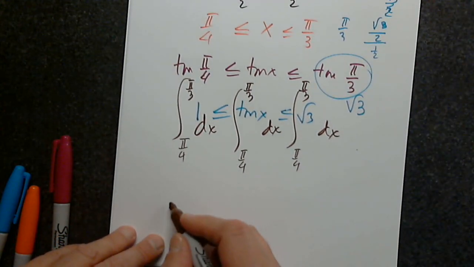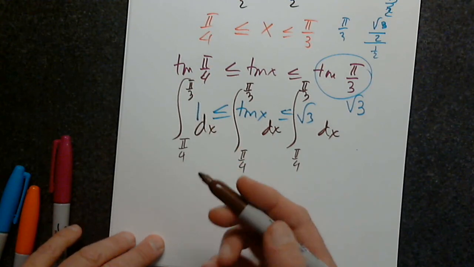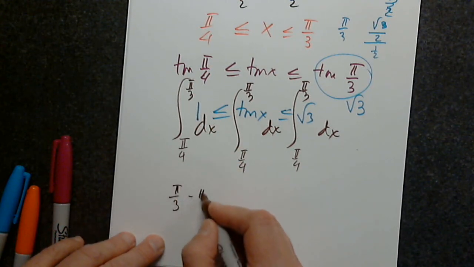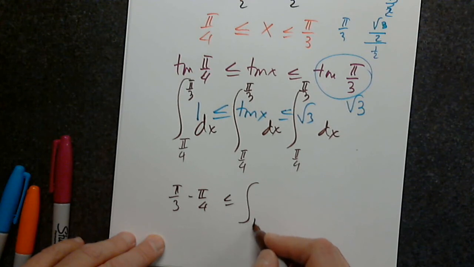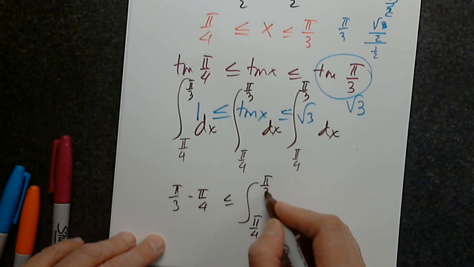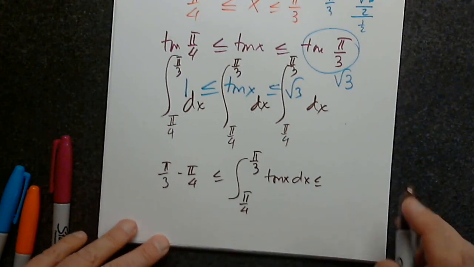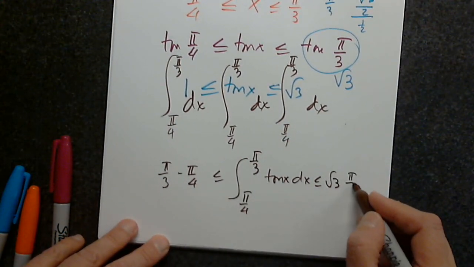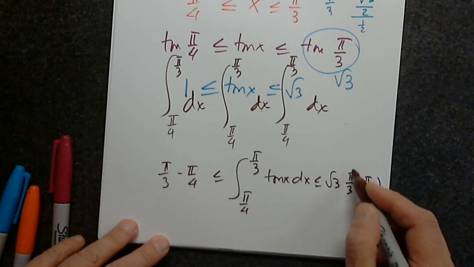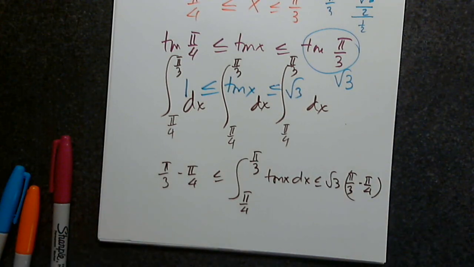The left-hand side is x from pi over 4 to pi over 3, so I have pi over 3 minus pi over 4 less than or equal to the integral. And then I have the square root of 3, again pi over 3 minus pi over 4, because it's x from pi over 4 to pi over 3.